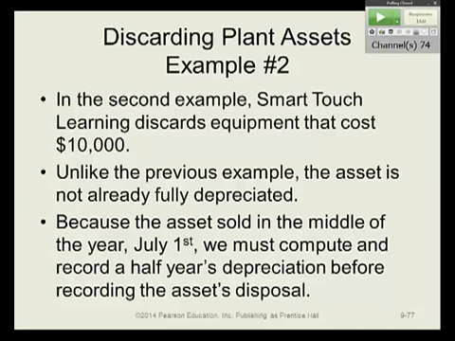So on December 31st, you took a depreciation adjustment. Let's say that's 2013. 2014 begins, of course, on January 1.